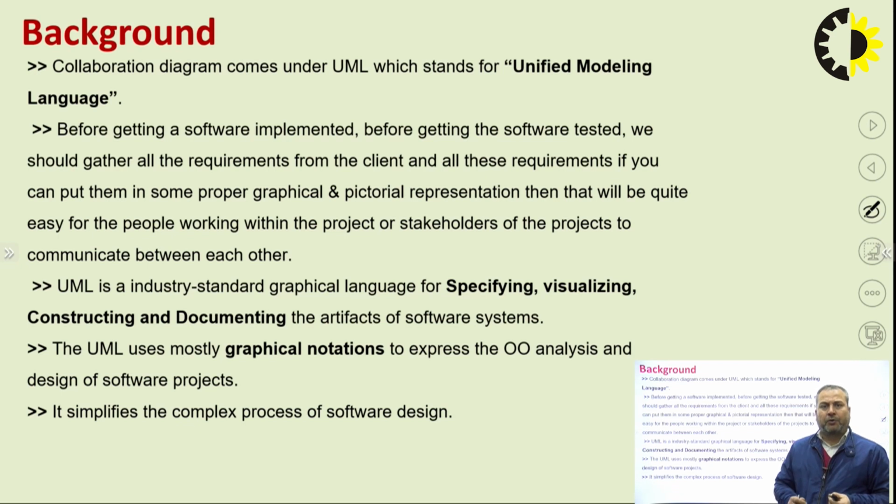If we gather all that information, then we can put it into pictorial representation, graphical notations. UML is a tool. Basically, the collaboration diagram comes under UML, which stands for Unified Modeling Language.